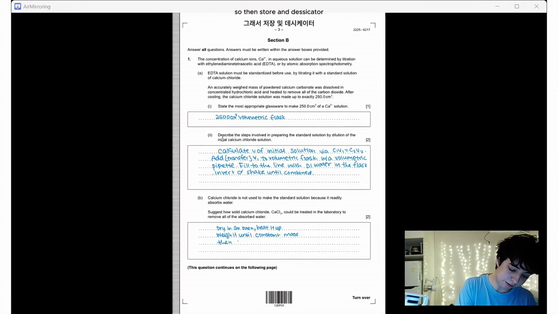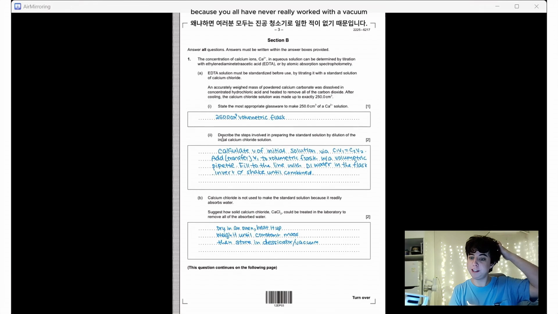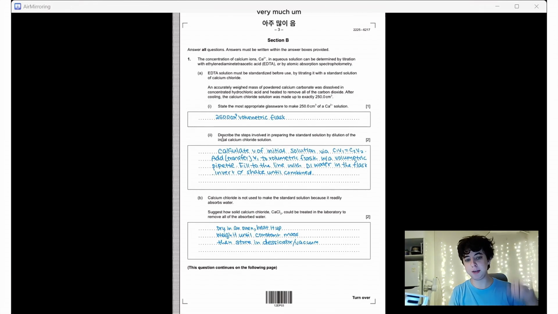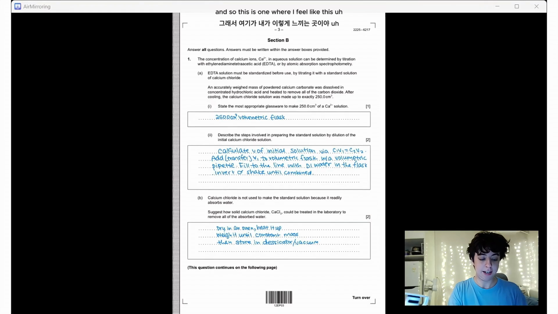So store in a desiccator and/or vacuum. I think vacuum is really unrealistic for students to get at the high school level because you've never really worked with a vacuum very much. Desiccators are more common. But either way, that was mark number 2 for that one, so it is 2 marks.